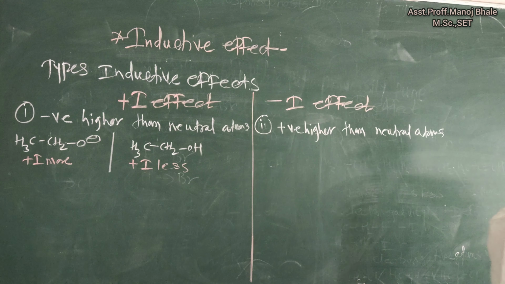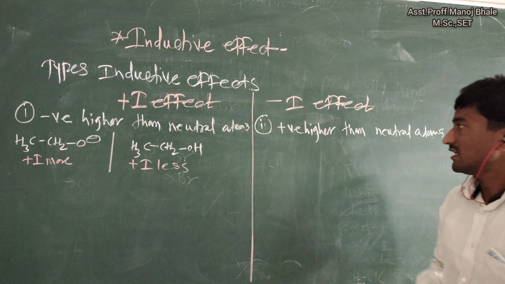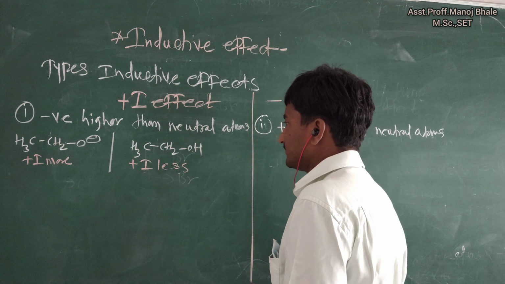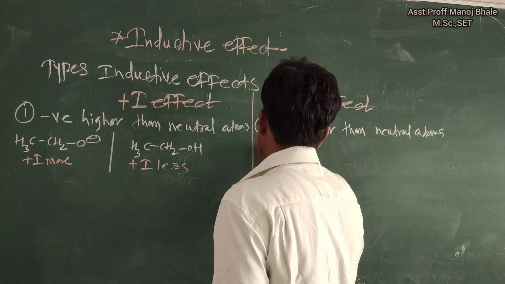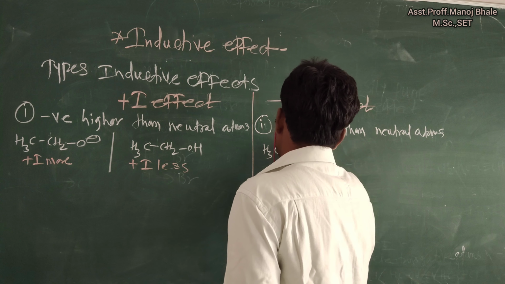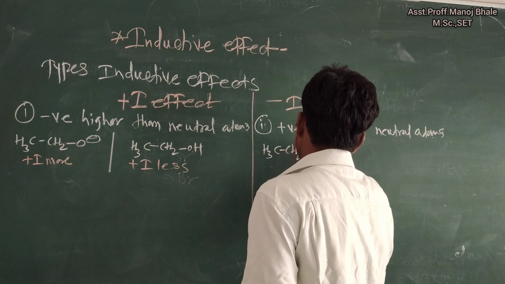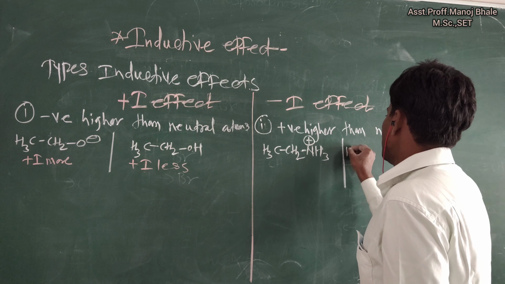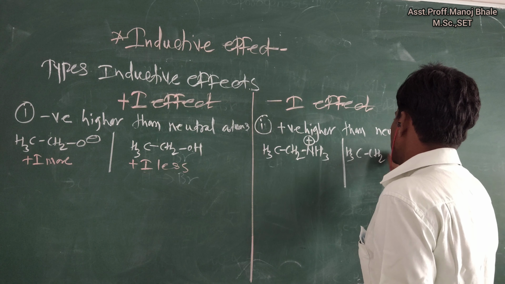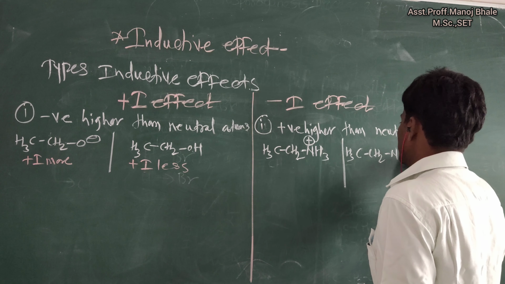The same also happens in the minus I effect, where there is one thing given. There is one example, CH3CH2NH3+, and a second example, CH3CH2NH2.